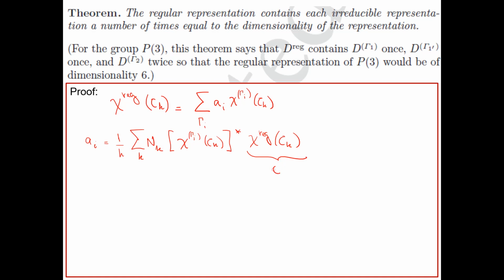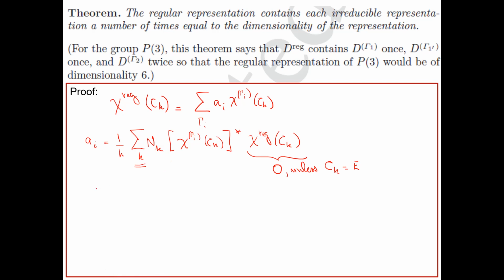So this is 0 unless we are talking about the identity class. So in this summation over classes, only one of the terms is non-zero, and that corresponds to the identity. Okay?